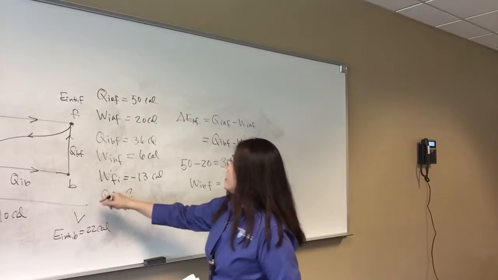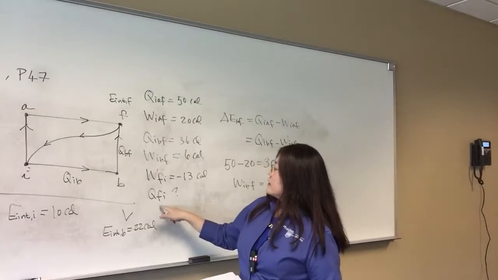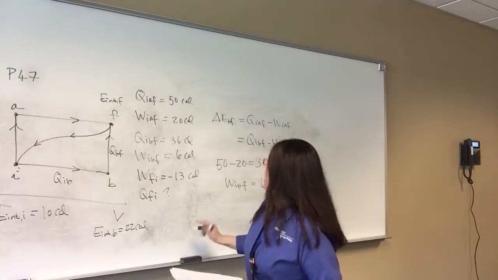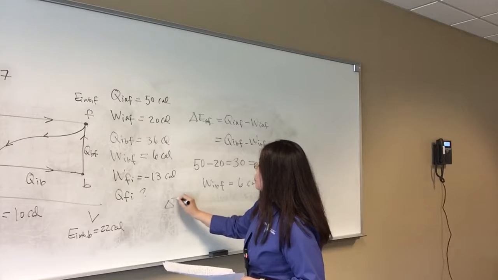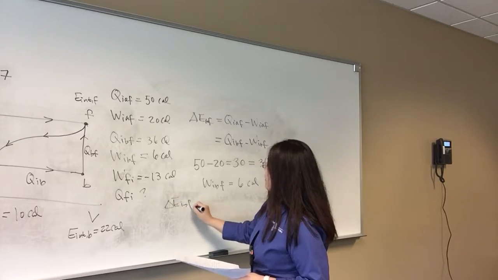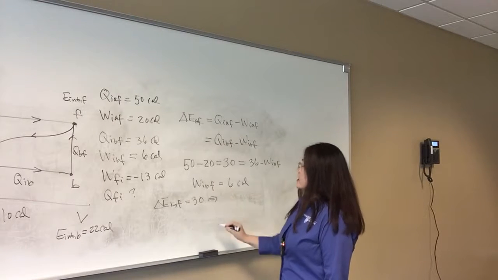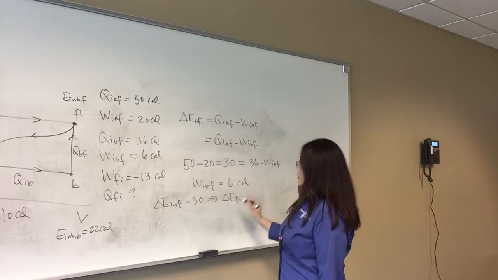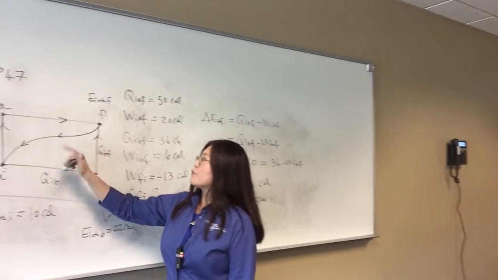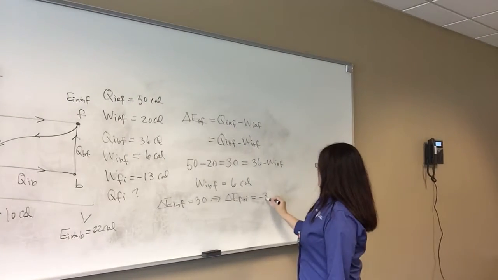And then you also find the part B. If WFI is negative 13, what is the QFI? All right, so we know that the change in internal energy from I to F is 30 calories. This indicates that the change in internal energy from F to I, which you just reverse the direction, will be negative 30.